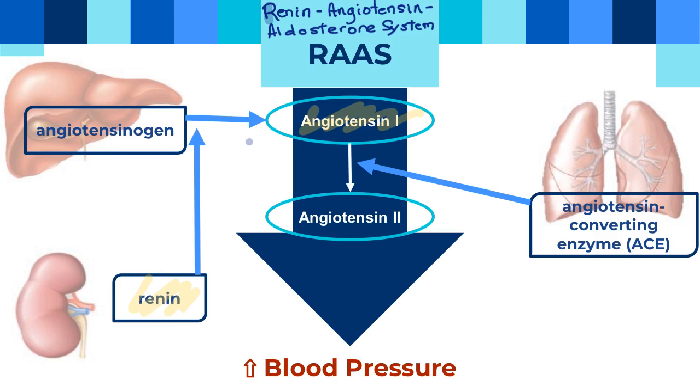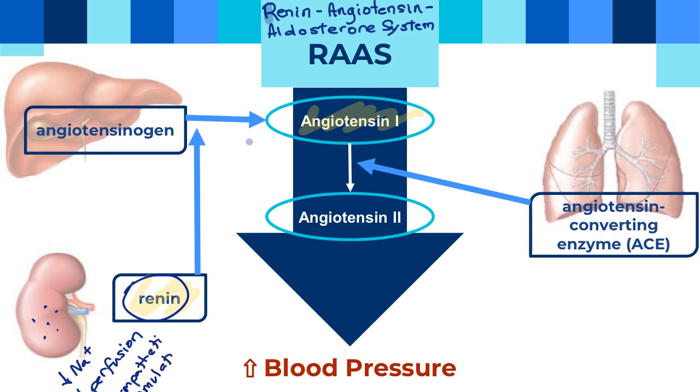The first stage of the RAAS system is a release of the enzyme renin. It's released from granular cells in the kidney in response to one of three factors. Those three factors are reduced sodium delivery to the distal convoluted tubule, reduced perfusion pressure in the kidney, and the sympathetic stimulation of those special cells via adrenoreceptors.